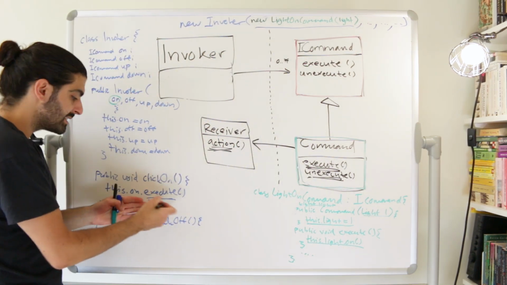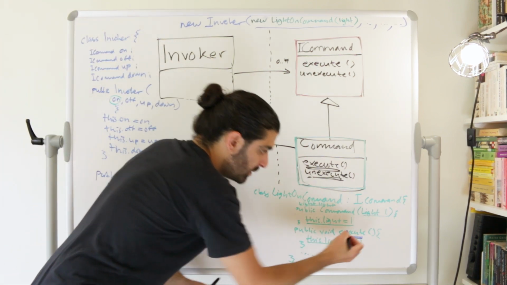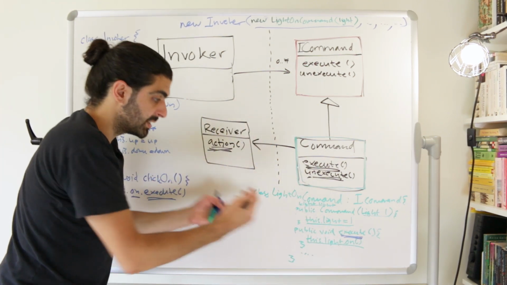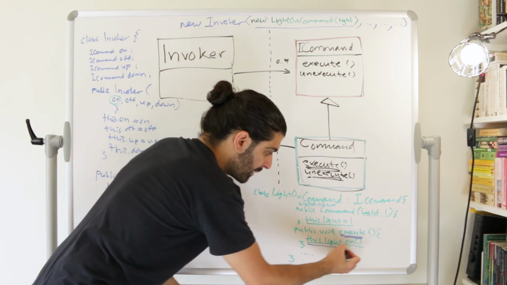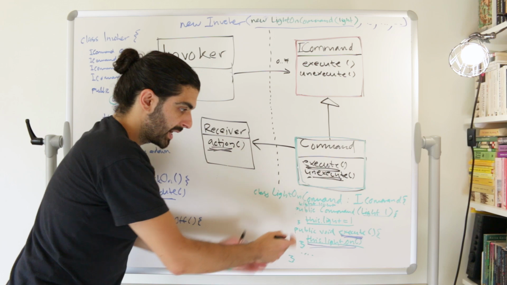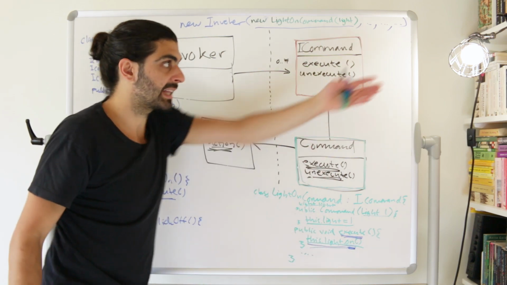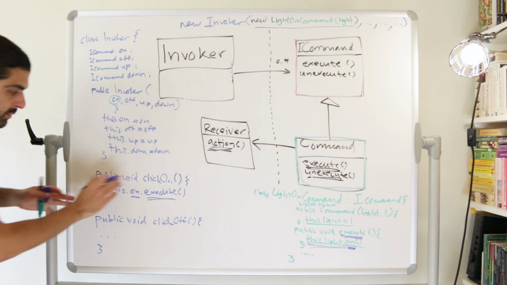So whenever we call execute on this particular on command, we will do whatever is in the execute method of that light on command. And in our case, the body of that method says that we will do this.light.on. In other words, the light on command calls the method on the light that it has in its scope. And that light happened to be this light. And that's all for click on.